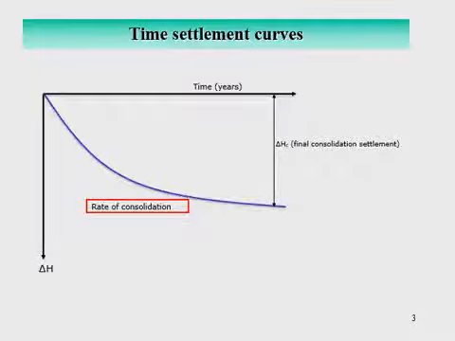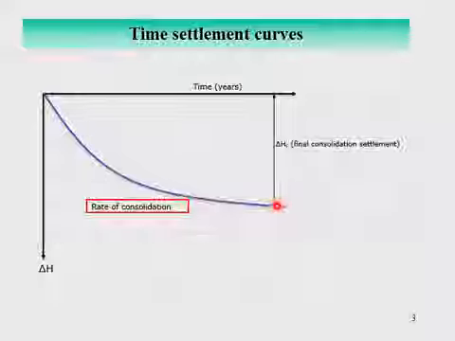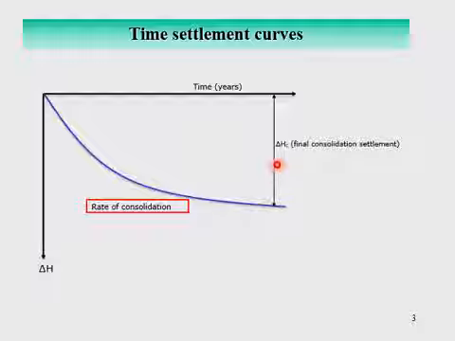Just to recall, what is the time rate of consolidation? You see in this slide, on the x-axis you have time in years, on the y-axis you have consolidation settlement, right? And this is the progress of consolidation, and settlement increases, but as the time passes it reduces and reaches the final consolidation settlement, delta C, right?